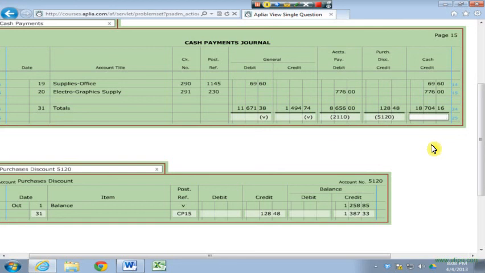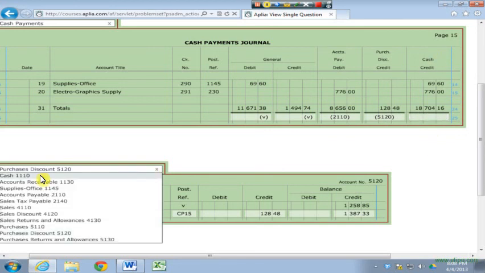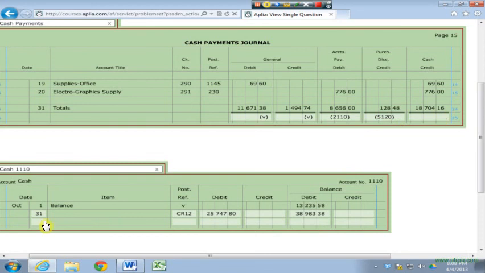Okay. And what is our final ledger we need? We need the cash ledger. The date is still the 31st. So remember, we've already recorded the money that we brought in. Cash payments, this will be the money going out. It's going to be a credit.